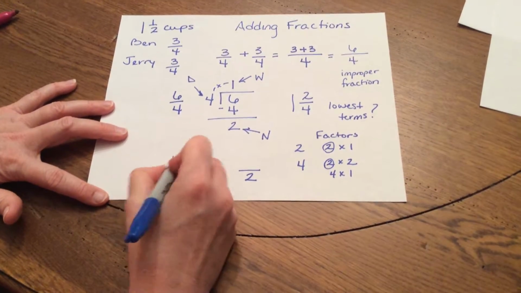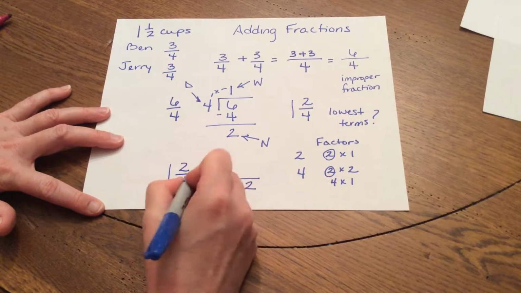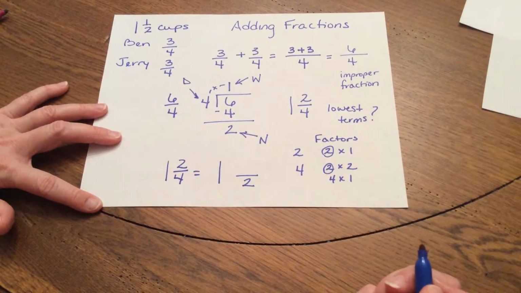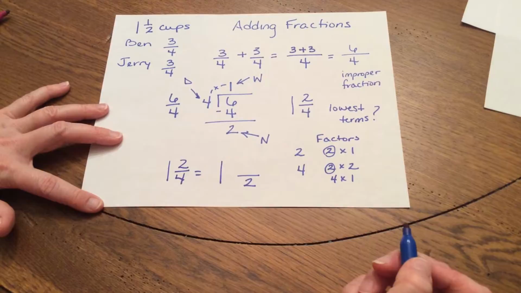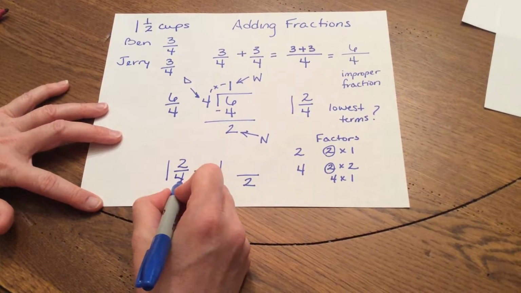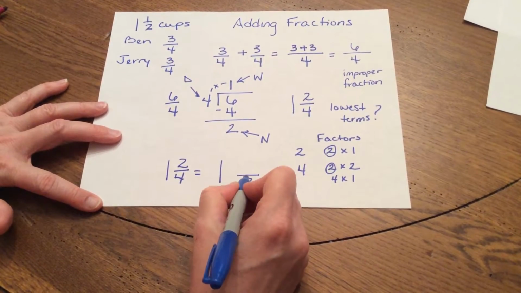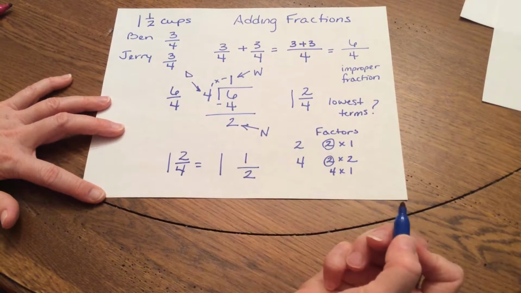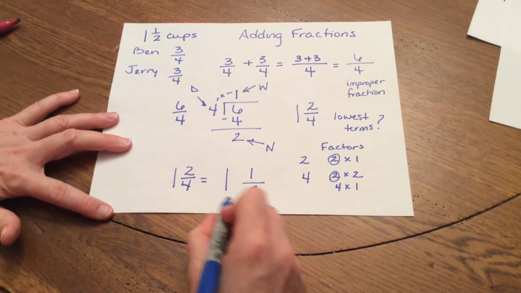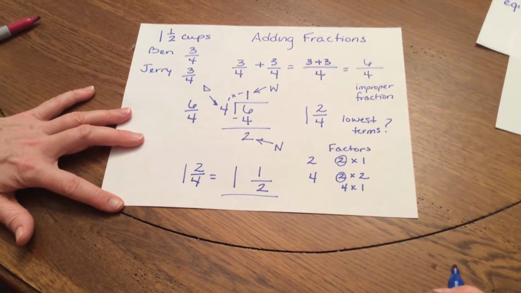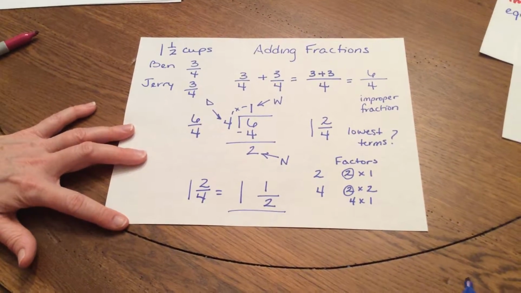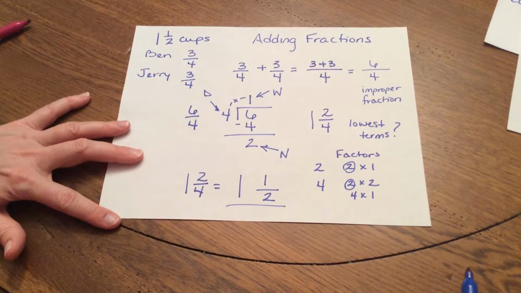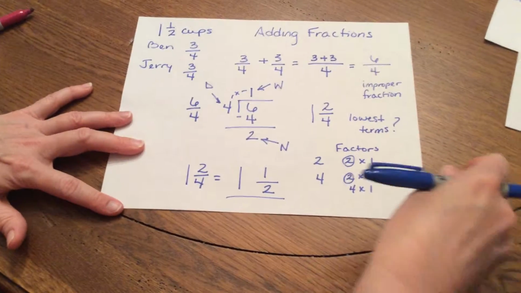So 1 2/4, we're going to carry over our whole number of 1, and so 2 goes into 4 2 times, and 2 goes into 2 1 time. So our lowest terms is 1 1/2. And they needed 1 1/2 cups of sugar to make their cookies, and that is exactly what they have.